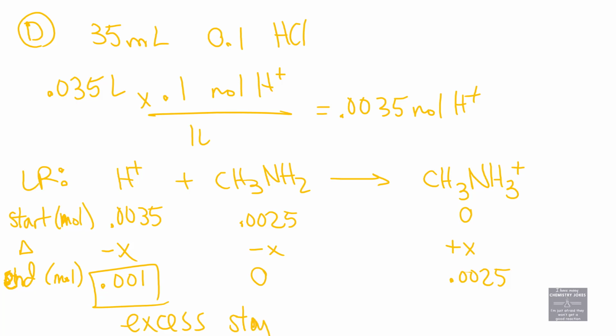strong acid. Excess strong acid is going to be responsible for pulling the pH way down low. We've got weak acid in solution, but it's the strong acid that's responsible for pulling this pH way low.